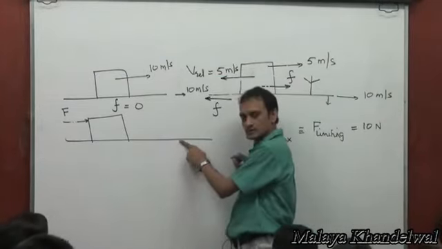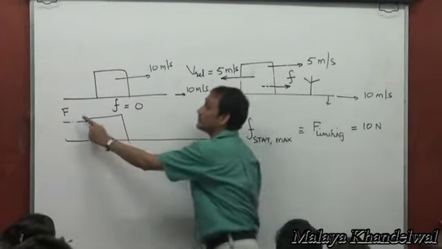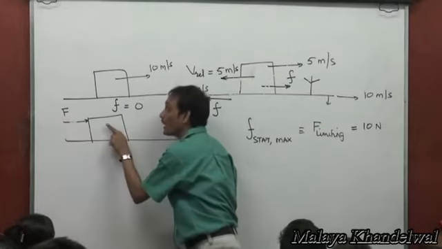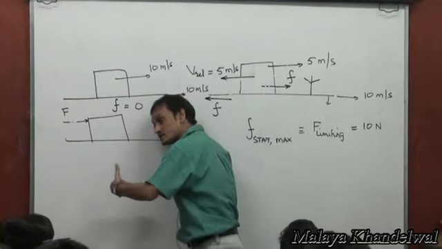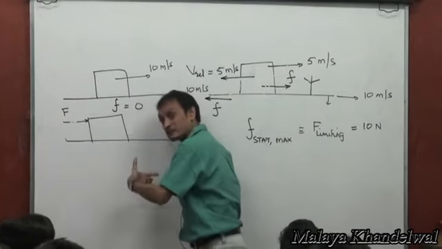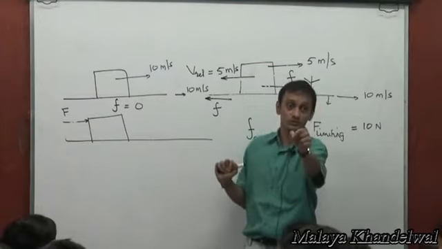When this surface is unaccelerated, only then can I claim that the minimum F required to cause this to just about slide on this is F limiting, or maximum static friction. Otherwise, this statement is rubbish.